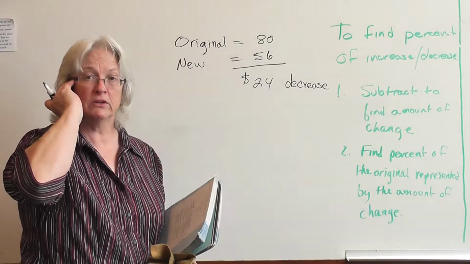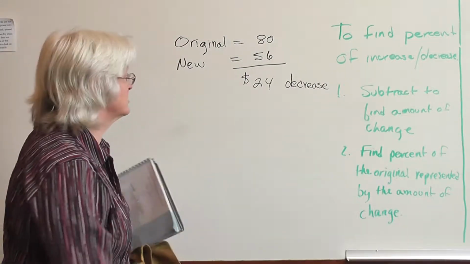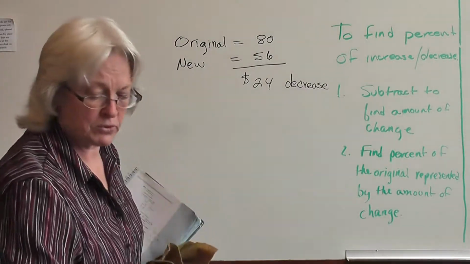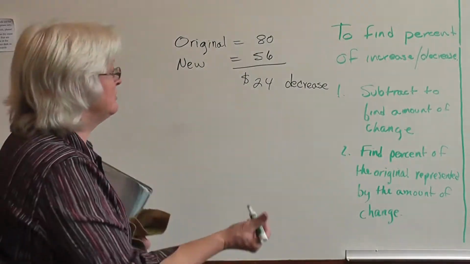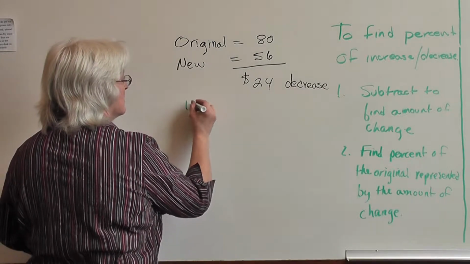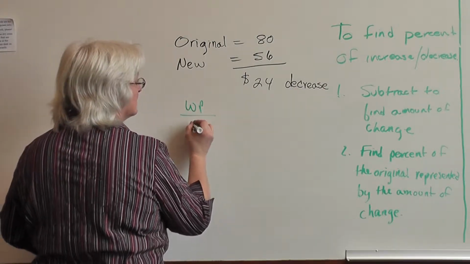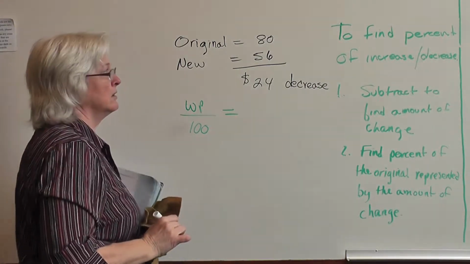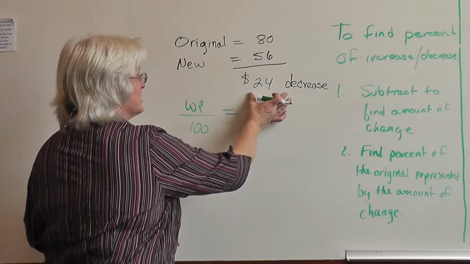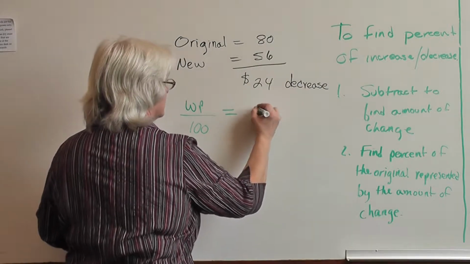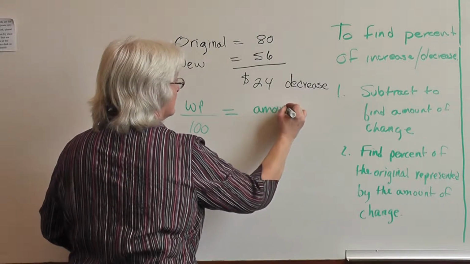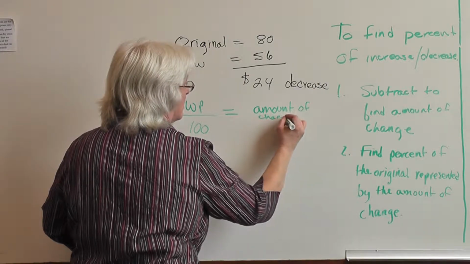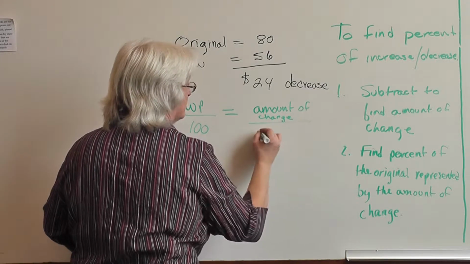Next, we want to solve a proportion, which is where I was starting to write earlier when I said what percent of 100 does this percentage of change, this amount of change, represent of the original amount?